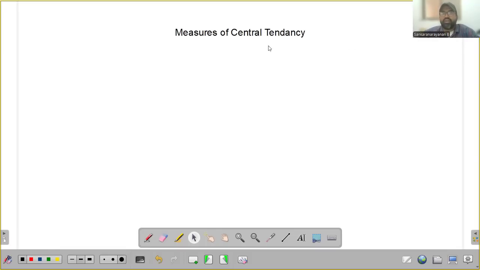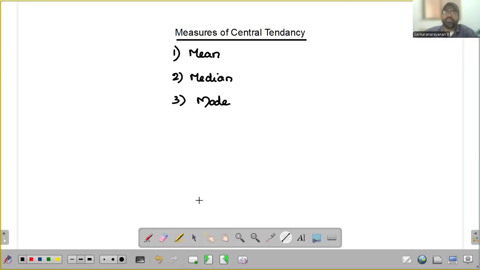When I consider measures of central tendency, there are two aspects in statistics that you have to consider. The first one is measures of central tendency. Under this, you should be learning about mean, median, and mode.